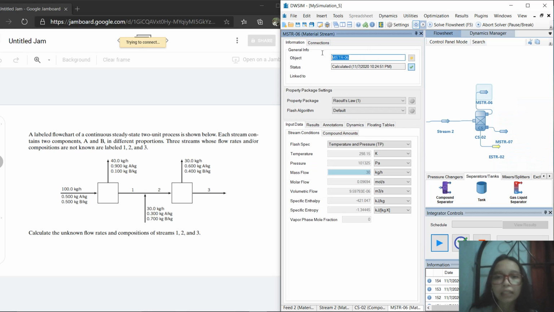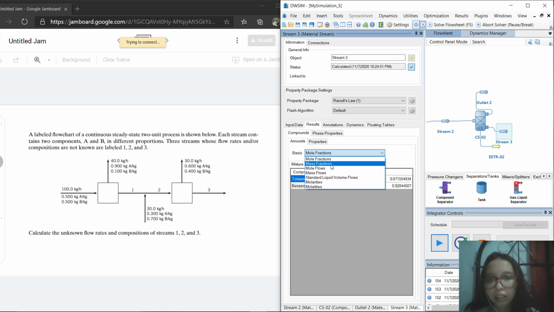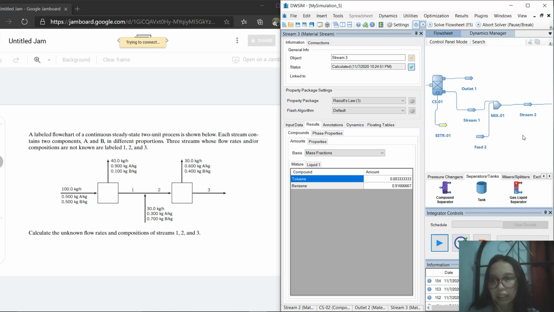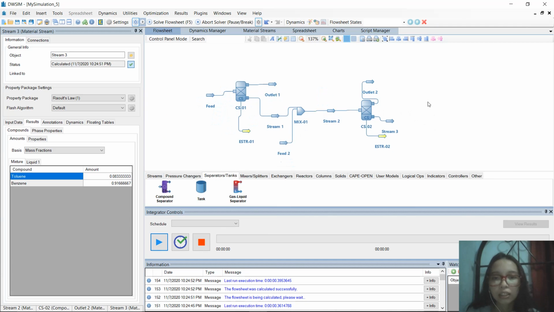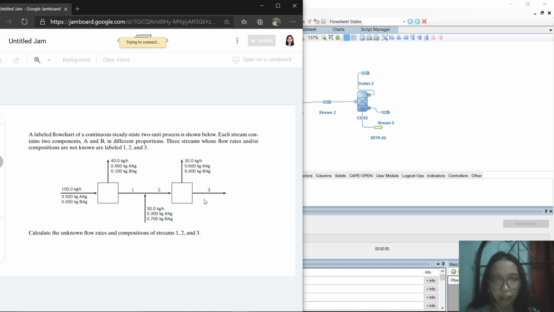Going to name this as our outlet 2. And finally, stream 3. We have 60 kg per hour, and mass fraction, it has 8% A or toluene and 92% B or benzene. So this is our simulation for the problem here.